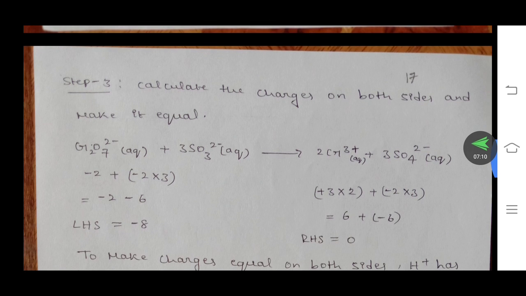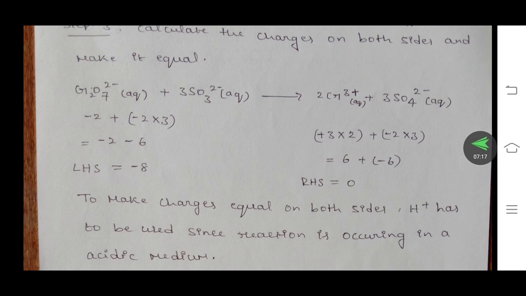Next, third step, calculate the charges on both the sides and make it equal. So now you have to balance charges, LHS equal to RHS, you have to make equal. Now how many charges are present on the left side? You check first. Minus 2 present in Cr2O7 2 minus, right? So that is minus 2 plus, now 3 into minus 2, so that is minus 6.